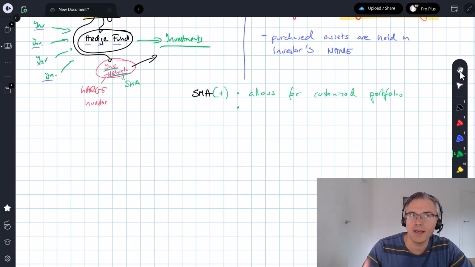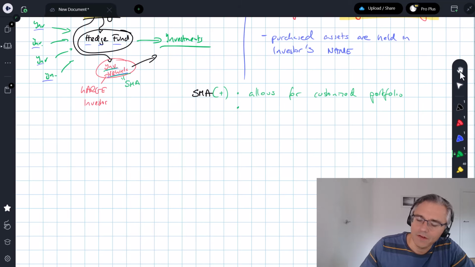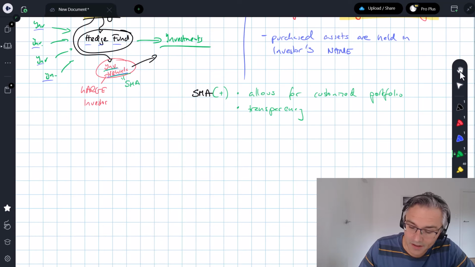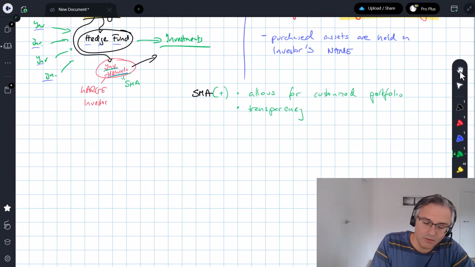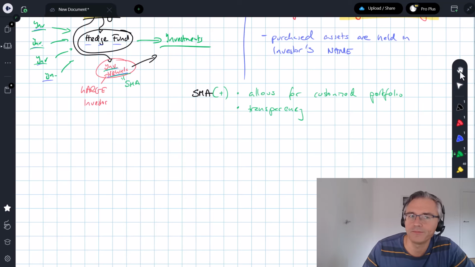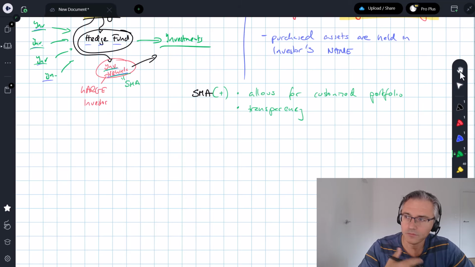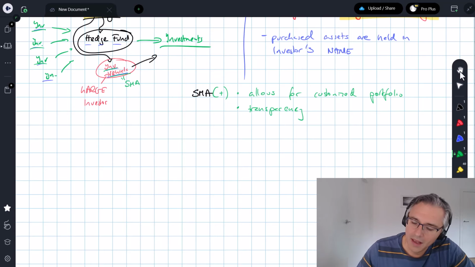Moreover, because those assets are held in the large investor's name, definitely there's better transparency, because that large investor can see what's going on in a much more direct way than the investors who hold shares or interests in the bigger hedge fund.